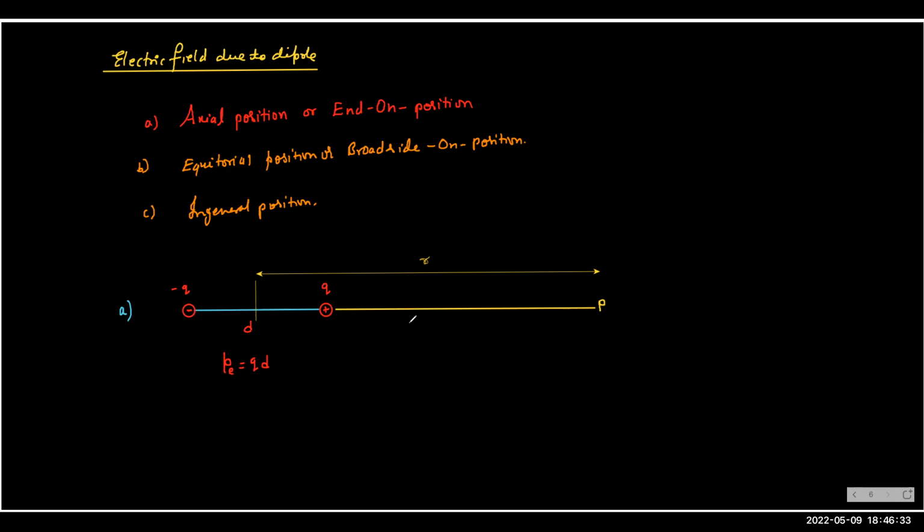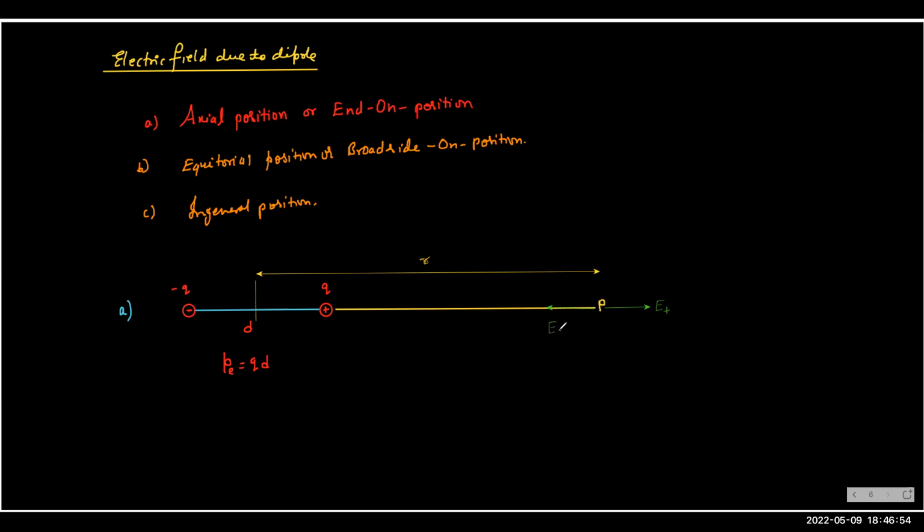So the positive charge will create electric field towards the right, isn't it? Yes. And we can call this E plus, and the negative charge will create the field towards left, and we can call it E minus.